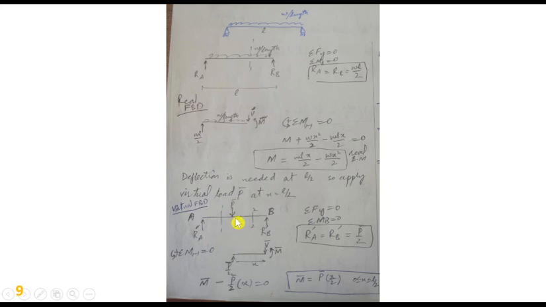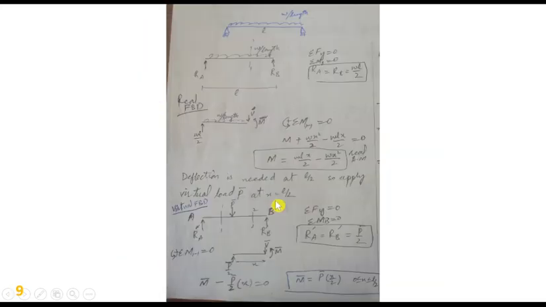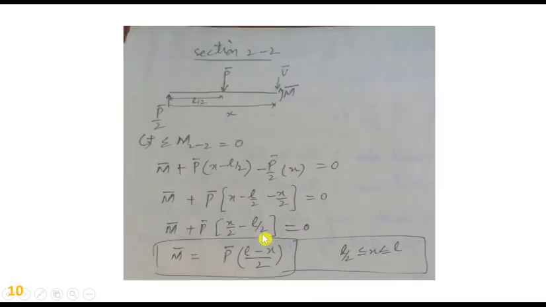So to cover the beam, we should consider another section, and that is considered here, section 2 2. For section 2 2, from here to here it is x, and this is L by 2. So again taking the summation of moment at section 2 2 should be 0.